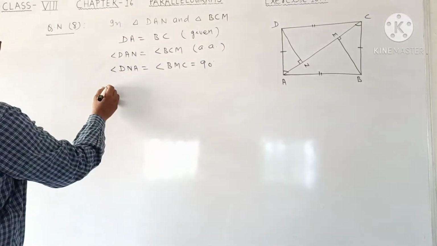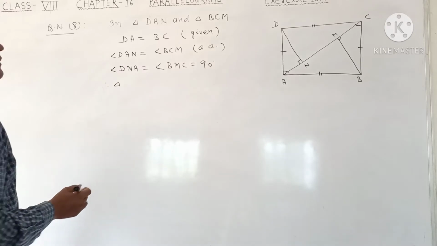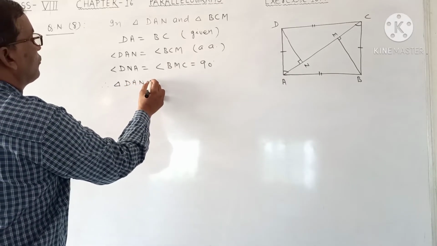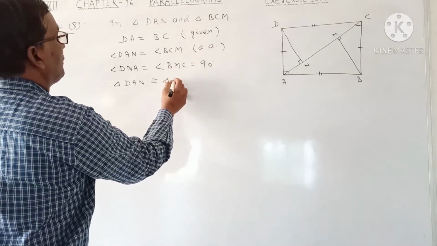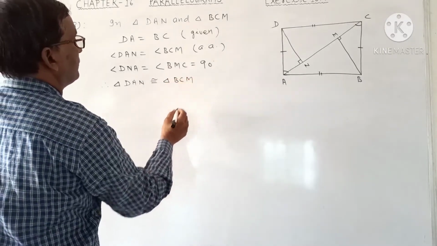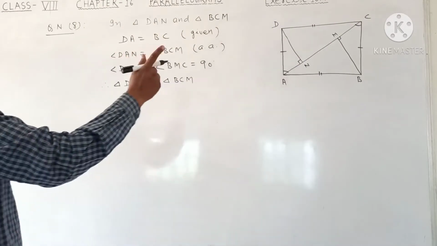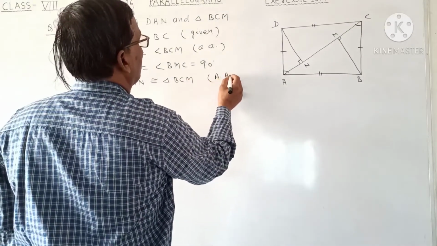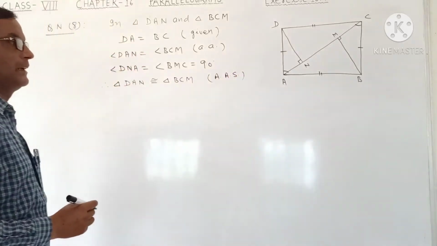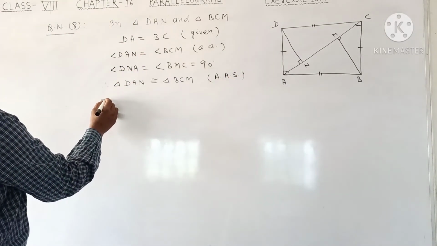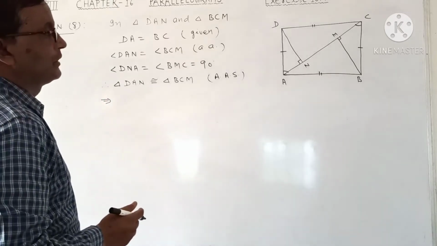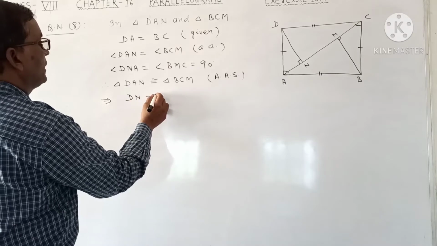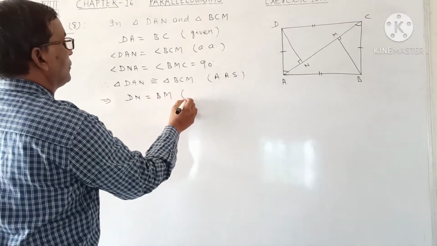Therefore, triangle DAN is congruent to triangle BCM. ये दोनों ट्रायंगल congruent हो गए by AAS, angle side. Therefore, DN equal to BM, by CPCT.